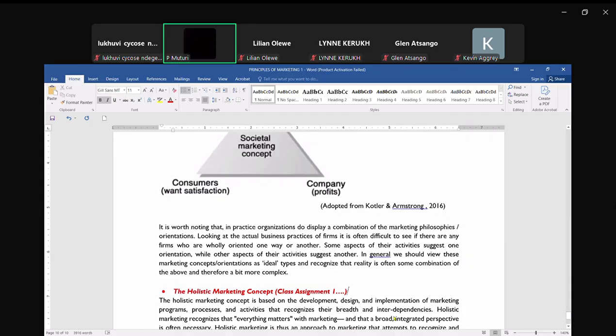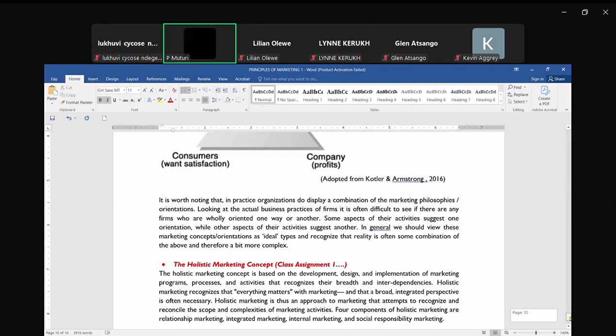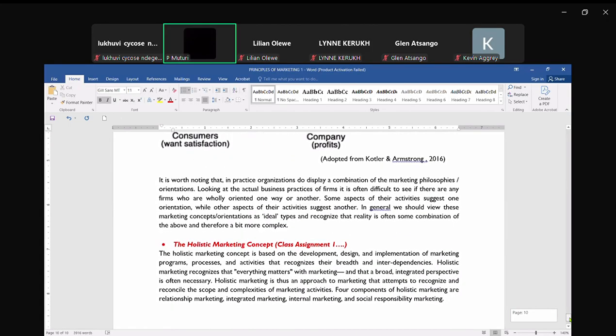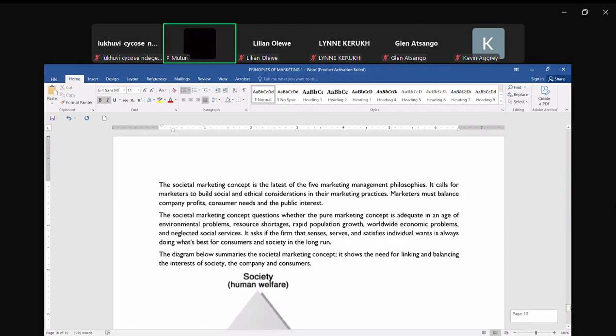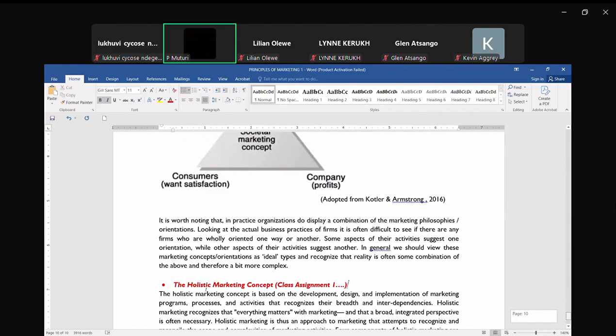Unless there's any question, I think I would want to finish with those philosophies. So we have discussed 5, and I've told you the 6th one. You will do it in an assignment. It's an emerging one. But right now, it still builds on the societal marketing concept, and it brings in a holistic approach where it looks at internal marketing, it also looks at external marketing, and it looks at the sustainable marketing.